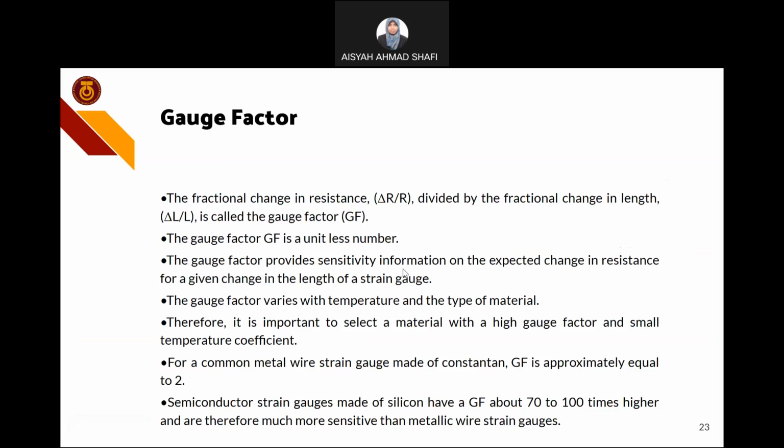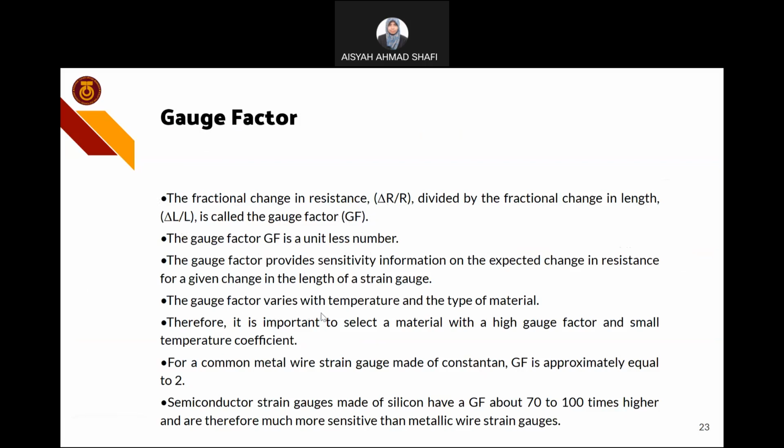From the gauge factor value, we can detect how sensitive the displacement sensor is. So gauge factor is delta R over R divided by delta L over L. So this is the gauge factor, and it is unitless.